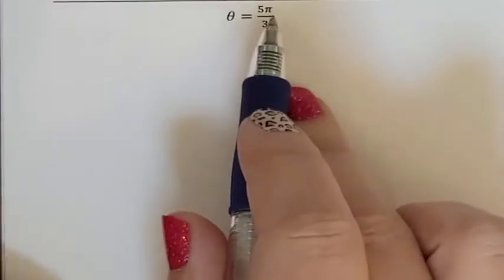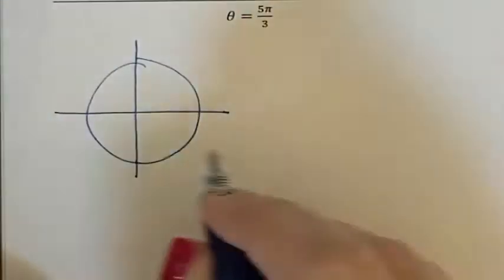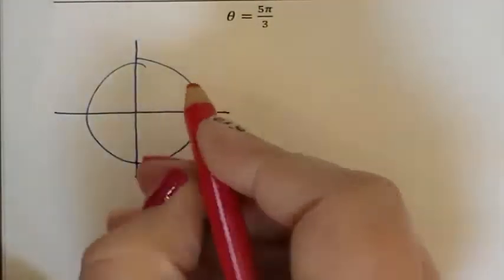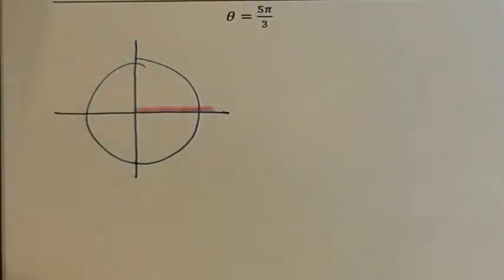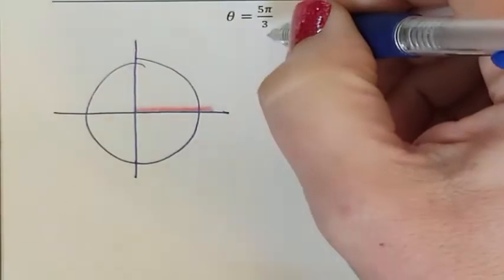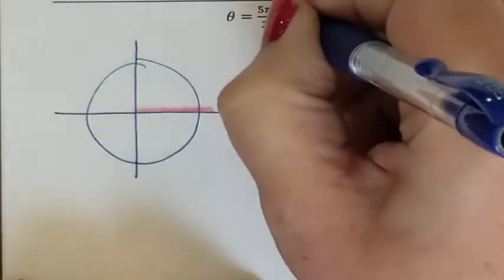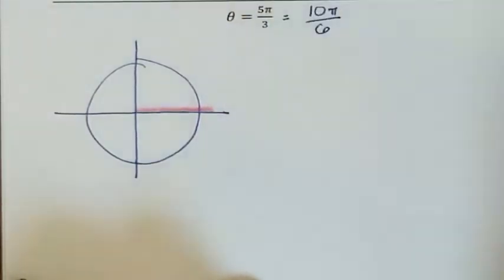So 5 pi over 3. Here is my area model. Here is my unit circle. This is where my initial side is, and I need to find where 5 pi over 3 is. Remember, 5 pi over 3 was just a simplified version of the sixths that we had separated this into. So this was the same thing as 10 pi over 6.